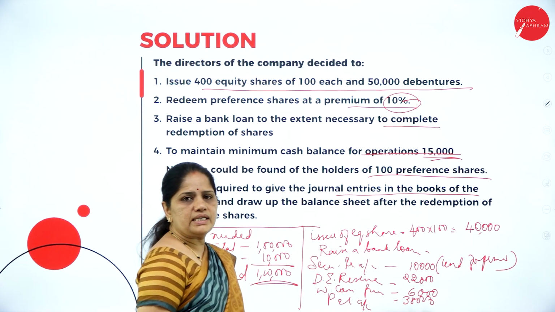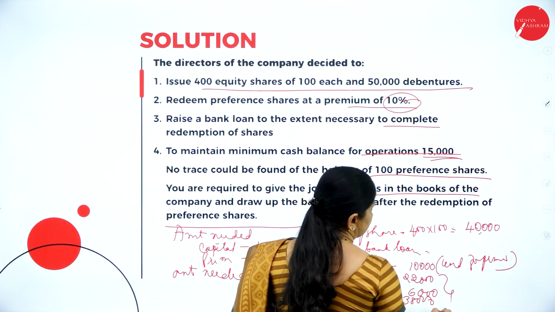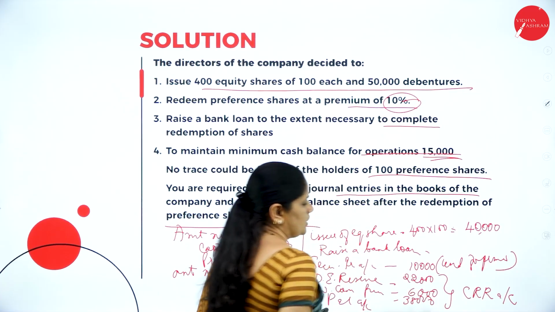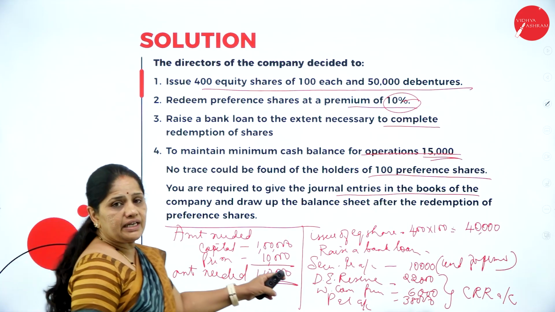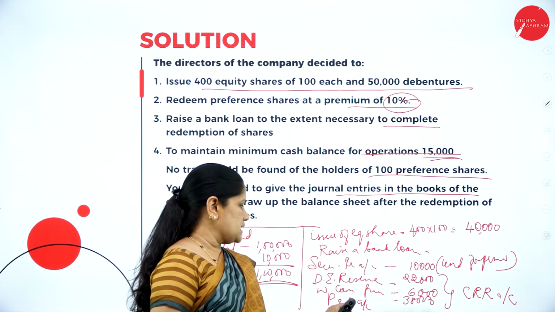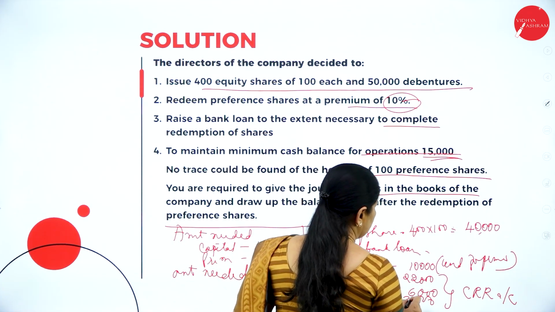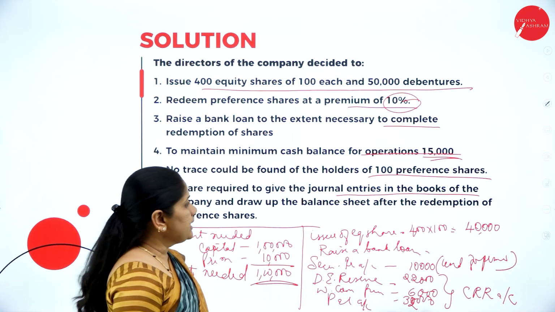So we have all these divisible profits. So this we will have to transfer to CRR account. See, dividend equalization is 22,000. Workman compensation fund is 6,000. So from the profit and loss account we will be transferring 32,000, which will be transferred to CRR account.